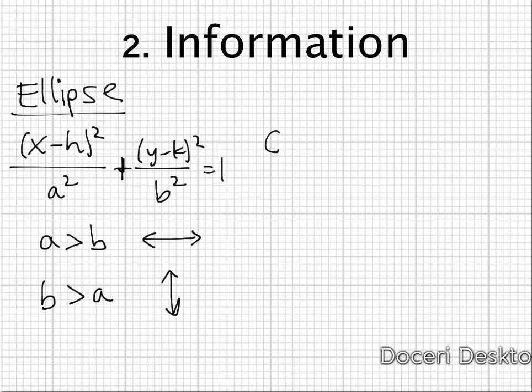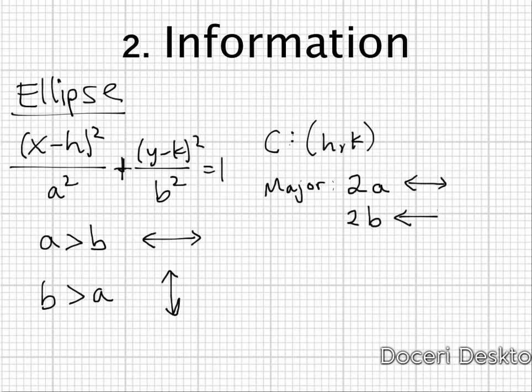Again, the center of our ellipse, just like with the vertex of the parabola, is going to be h comma k. Then the major axis, the distance from one vertex to the other, is going to be 2 times my a value if it's left to right, or 2 times my b value if it's up or down.